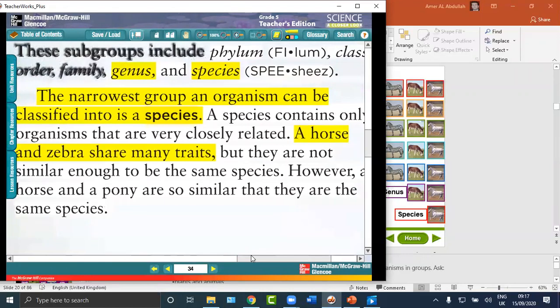They have many similar properties, but not enough to put both in the same class.